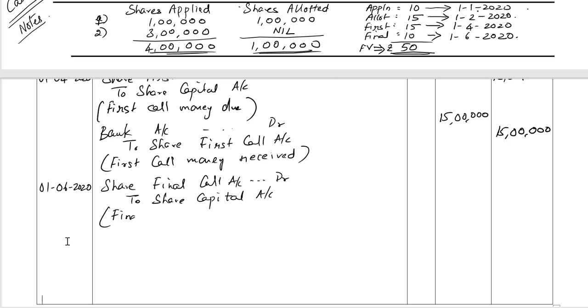Final call money due. The amount of final call money due is 1 lakh shares multiplied by 10 rupees per share comes up to 10 lakh rupees.